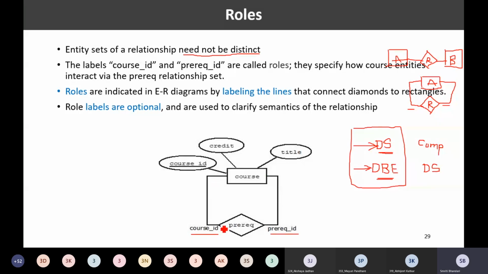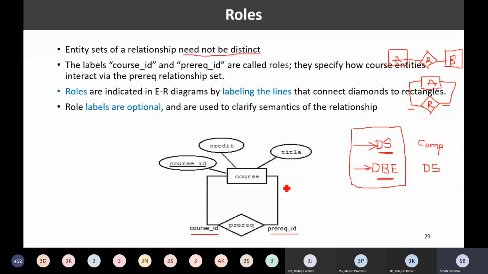So this course, once it is participating in the prerequisite relationship as the actual course that is being opted by the student, and this other course, or the other instance of the course, represents the prerequisite course for the course that is opted by the student, right?